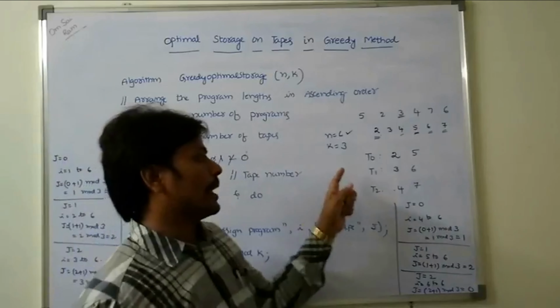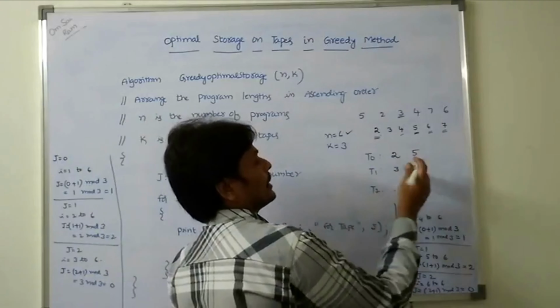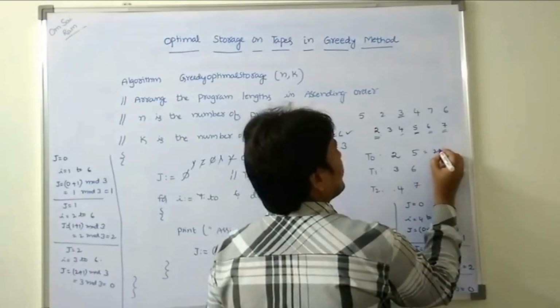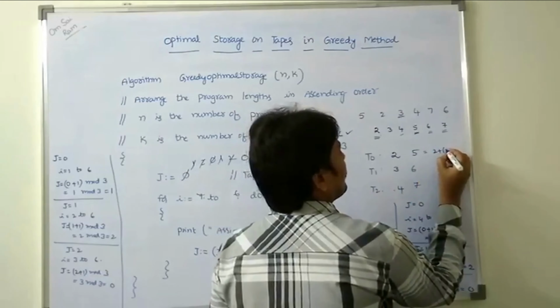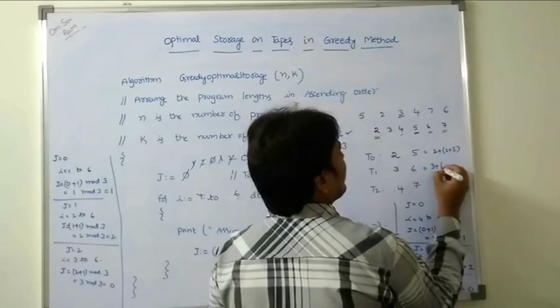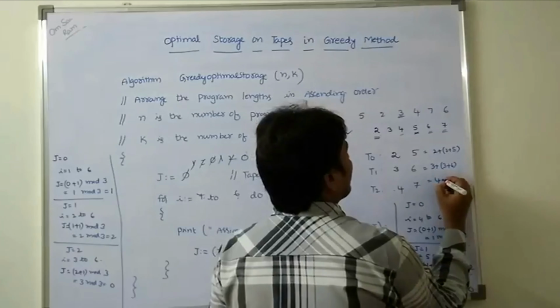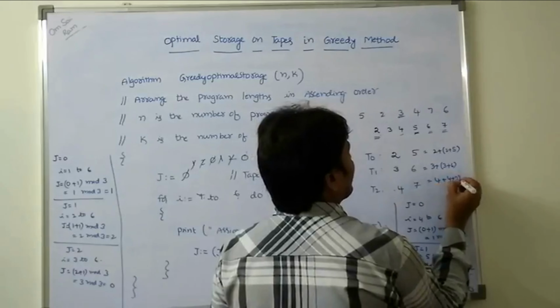So after assigning these 6 programs to T0, T1 and T2, the tapes hold 2 plus 5, 3 plus 6, 4 plus 7.